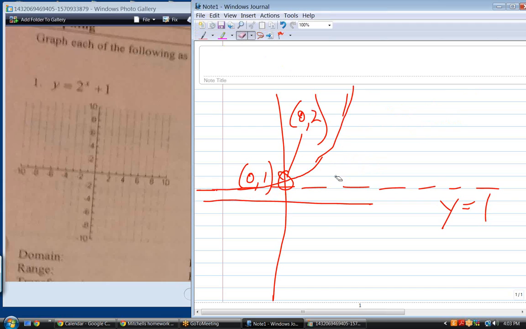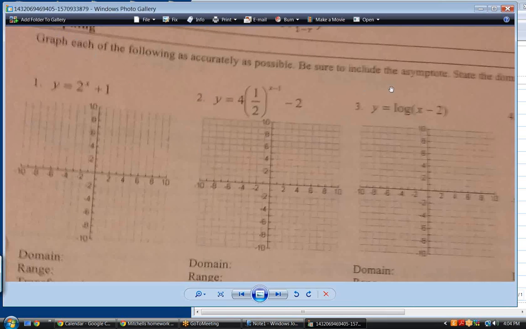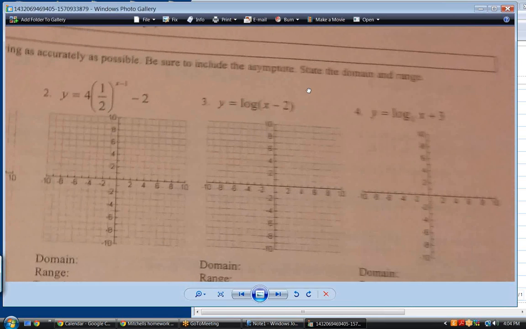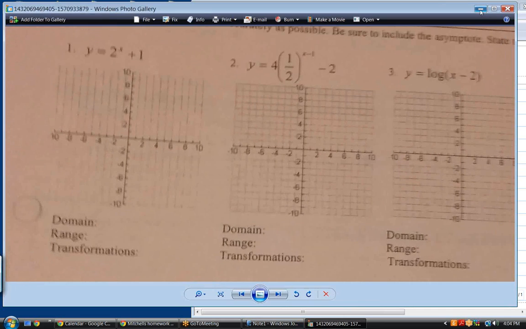What's its domain here? Let me write it. y equals 2 to the x plus 1. What is its domain? Would that be all reals? Yeah.